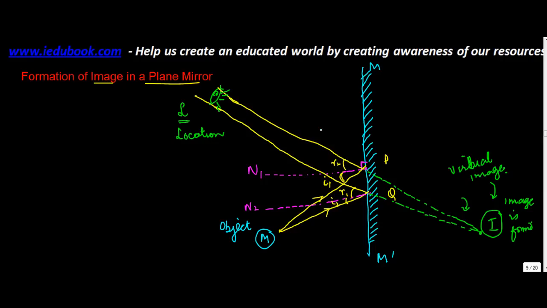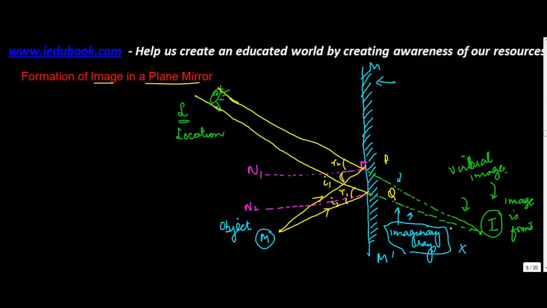Okay. Now the other point that you need to know is that because this is a mirror and it is polished, actually there are no light rays which can move behind this mirror. So then what are these light rays that we have seen here? These are imaginary rays. In actual context, these rays do not exist. Why?